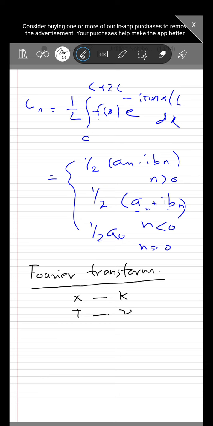So mathematically you can write the Fourier transform in the following way. Suppose you would like to do a Fourier transform of a function f(x).